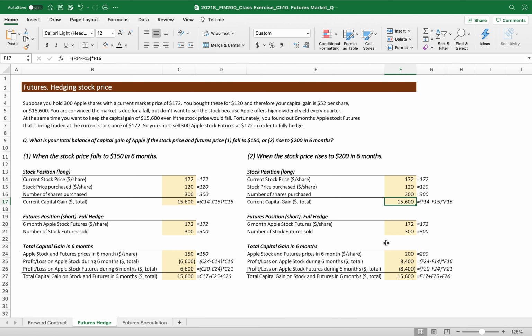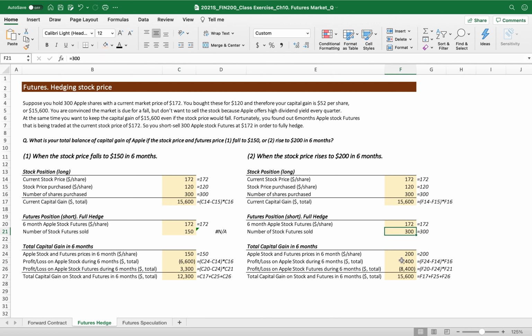You can also change the number of stock futures sold. This 300, the same as the stock amount at the same futures price as the stock price, is the full hedge, right? But if you want just a half hedge, let's say a 50% hedge, then in this case we actually lost some money because we hedged half of the full amount.